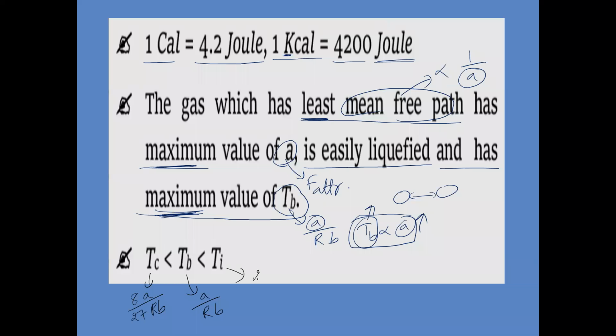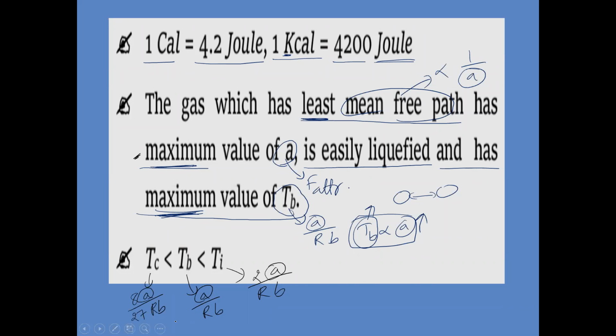Ti is 2A by RB. So in all these cases, the A value and temperature are directly proportional. When A value is maximum, we take maximum TB, maximum Ti, maximum Tc.